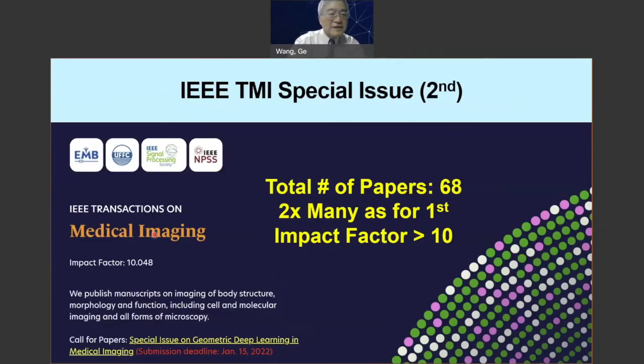We are finishing the second IEEE Transactions on Medical Imaging special issue, and we received twice as many papers as we got for the first special issue. Recently, it was reported that this flagship journal received an impact factor slightly over 10, partially due to the hotness of deep tomographic imaging.